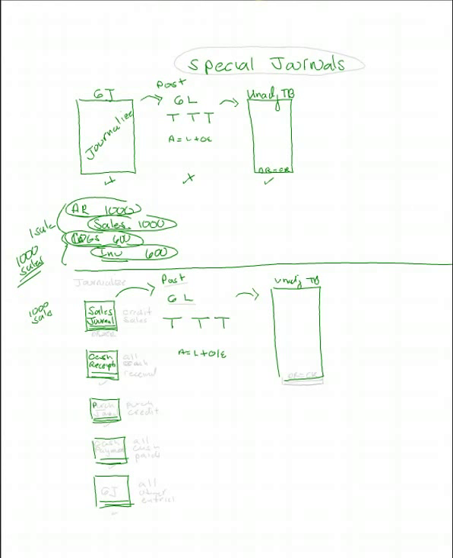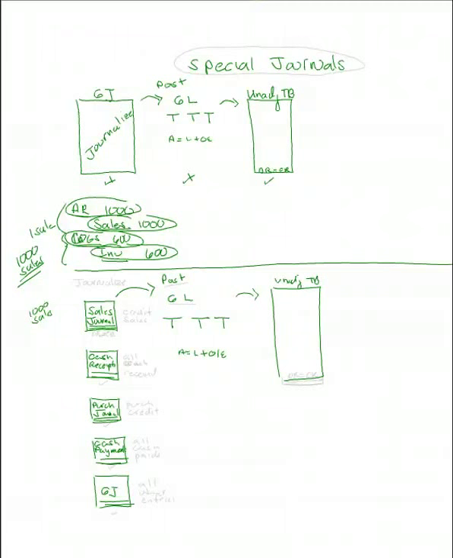Then we have a purchases journal, where you record all credit purchases, and a cash payments journal, where you record all cash paid out, and then the famous general journal, where you put anything that doesn't fit in the other 4 journals. If you think about it, you can only denominate transactions in cash or credit in our economy, and these 4 journals accommodate that.